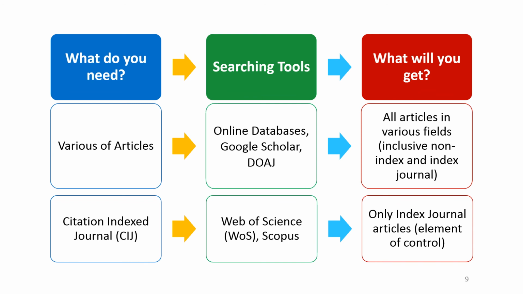How to do it? You can Google search each journal name to check whether it is indexed or non-indexed. From my own experience, I would like to skip this part, so I will straight away use Scopus because Scopus will give me only indexed journals.